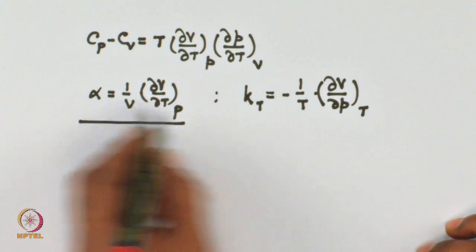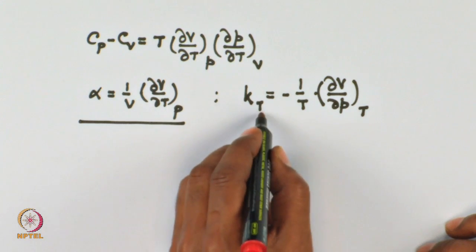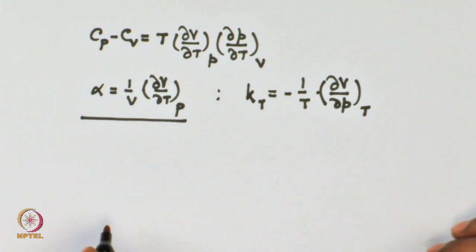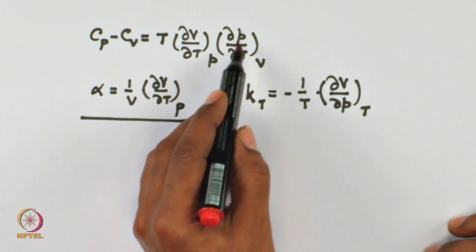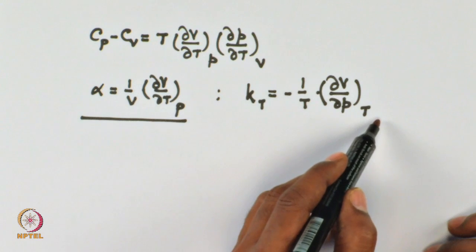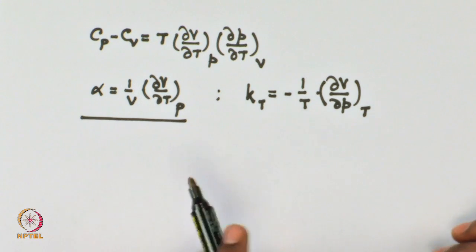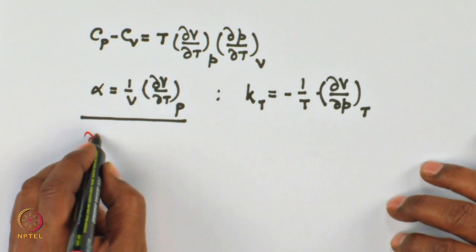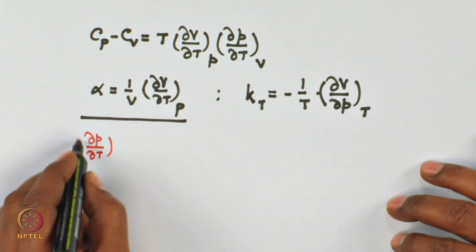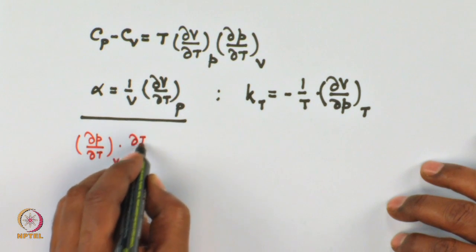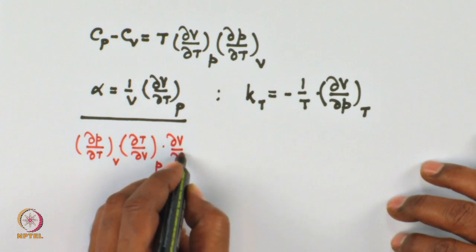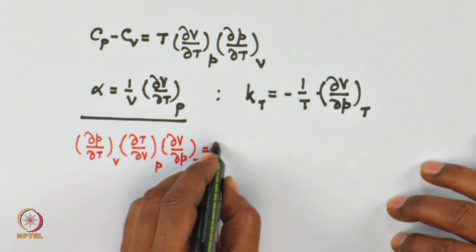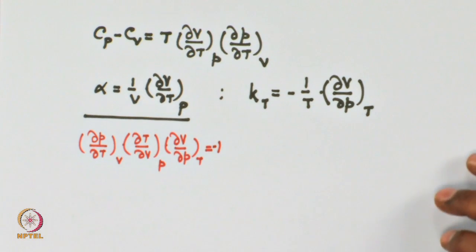But in this equation, I do not have ∂V/∂P. You see here P, T, V, and that reminds us that we can use the cyclic rule. That means (∂P/∂T)V (∂T/∂V)P (∂V/∂P)T equals minus 1. This is the cyclic rule.